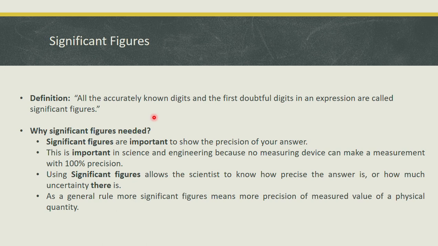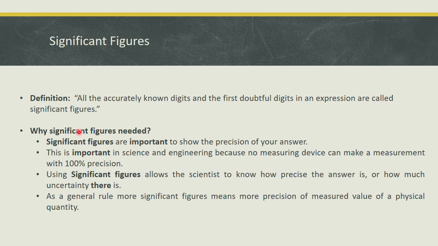As we studied in measuring instruments, we take measurements using measuring instruments, and each measuring instrument has a limited value which is called its least count. By using this least count, we come to know how many digits are accurately known and how many digits are doubtful. So this is how it tells us about the precision of an instrument.